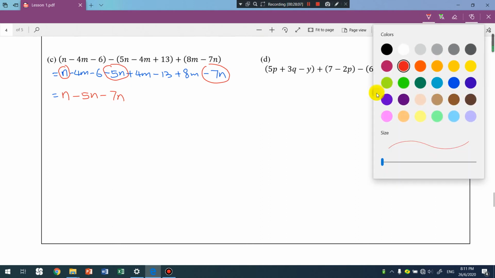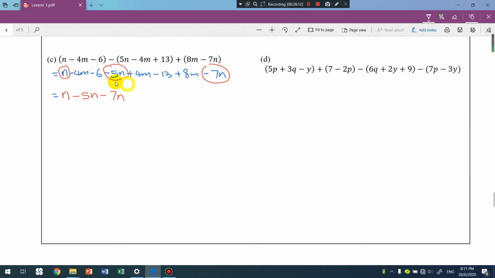Go to m. What color? Okay, let me use purple. Negative 4m, positive 4m, plus, okay, this is also positive. Okay, you will notice the same thing I told you just now. When I circle the terms, I always include together with the symbol, with the sign in front of the terms.